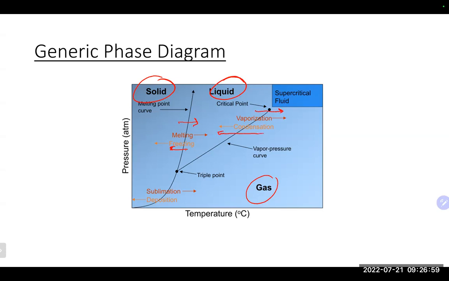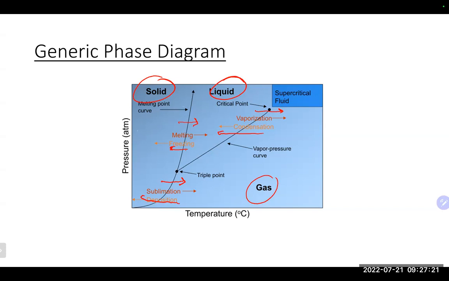Coming back the other way, that would be condensation. And if we come way down here on the bottom of the curve, crossing the line on the bottom takes us from solid directly into gas. So that is our sublimation occurring. And if we go from the bottom back from our gas directly to our solid, that is deposition that's occurring.